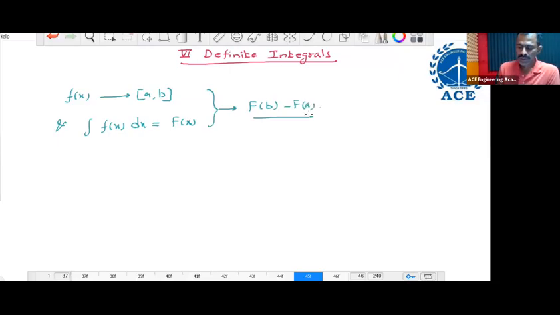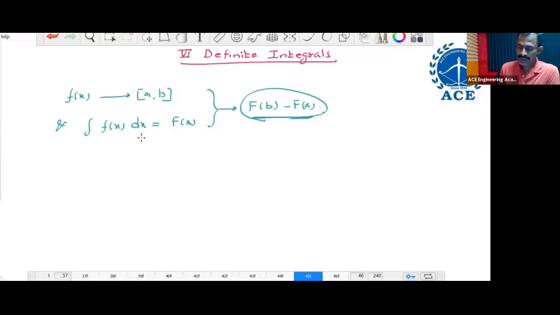Now here, the two conditions. One condition is f of x should be continuous on this interval, and the integral of this function should be capital F of x. Then we can write this value using this function, using this interval only. And this value is the definite value of the integral.